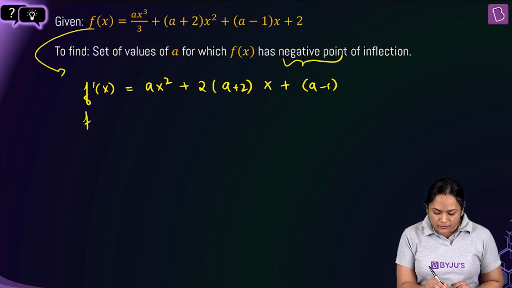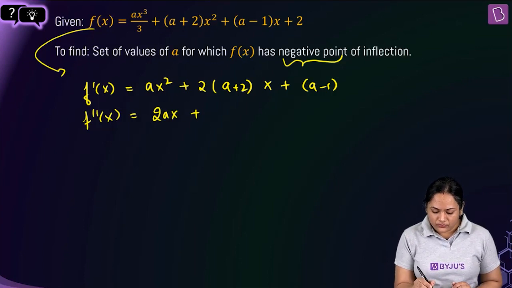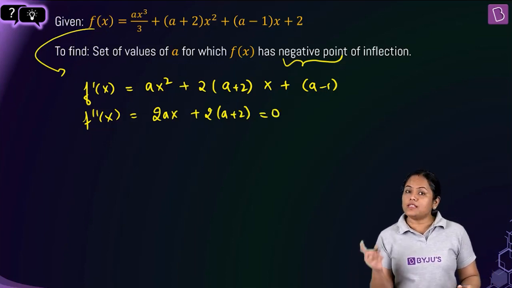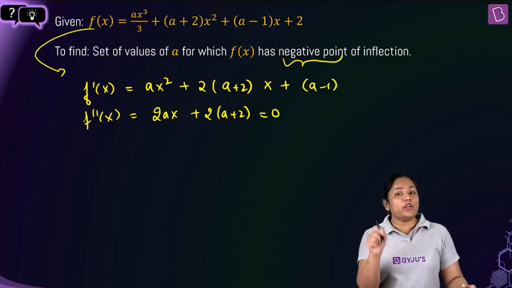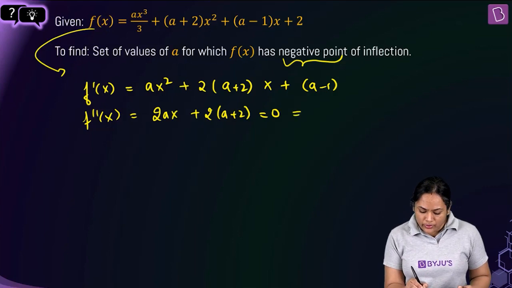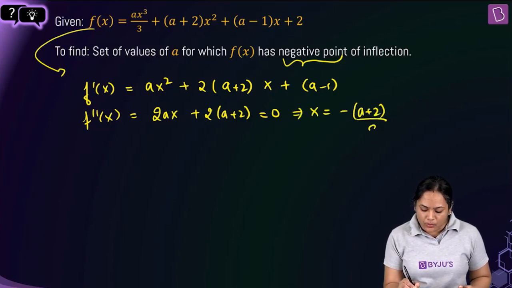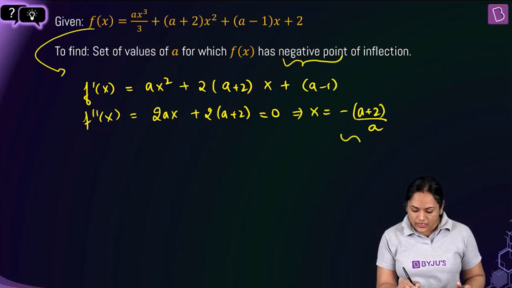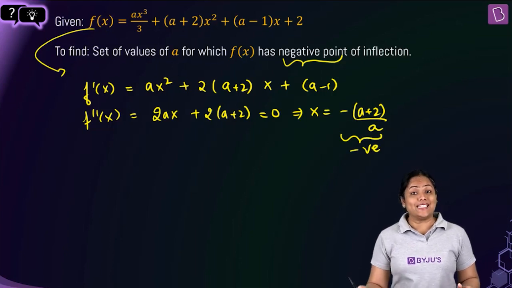So I'm going to get my f''(x) as 2ax + 2(a+2), right? And when I equate it to 0, because I have already told you that for point of inflection, f'' should be 0, I'm going to get my x value as −(a+2)/a, right? And this quantity should be negative in sign.